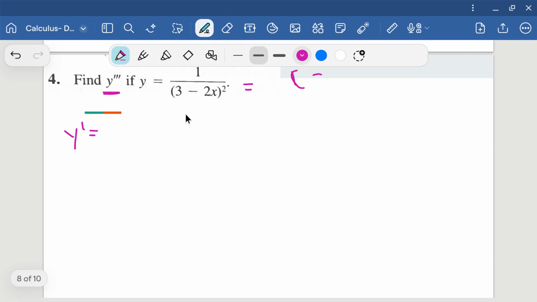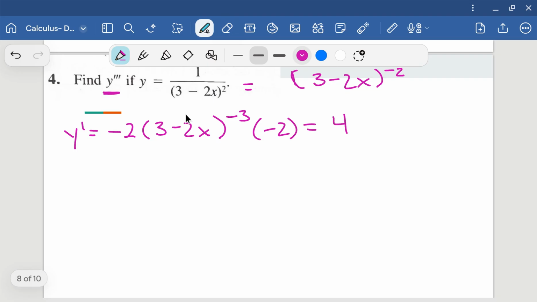So I would rewrite this as 3 minus 2x to the negative 2. Now if I took the first derivative using the power rule, I would have negative 2 times 3 minus 2x, subtract 1 from the exponent is negative 3, and then multiply by the derivative of the inside, which is negative 2. So this simplifies to 4 times 3 minus 2x to the power of negative 3.